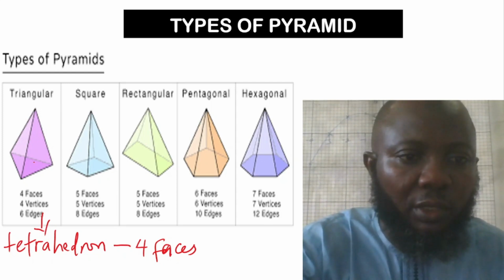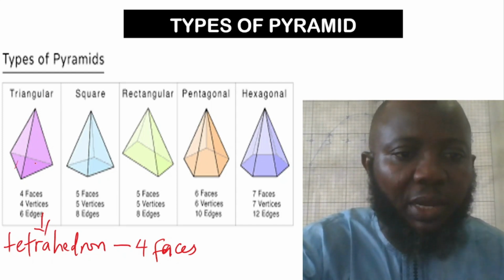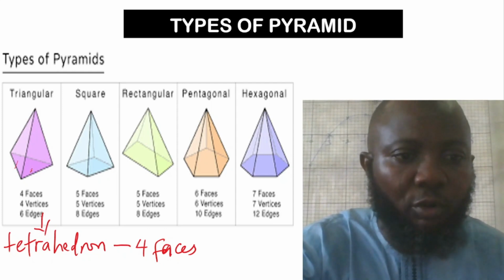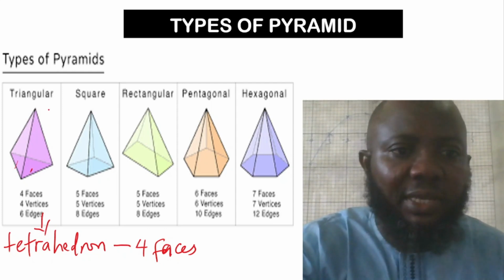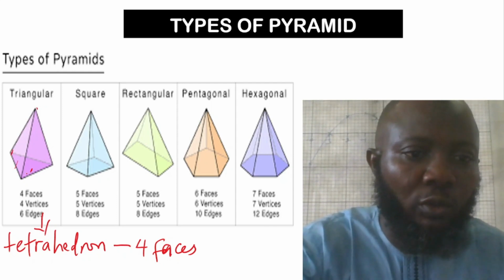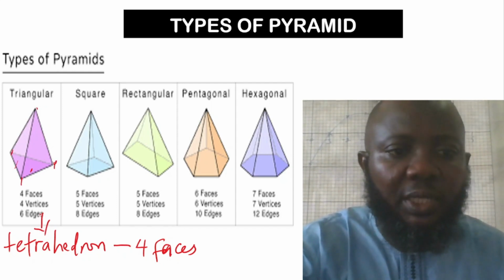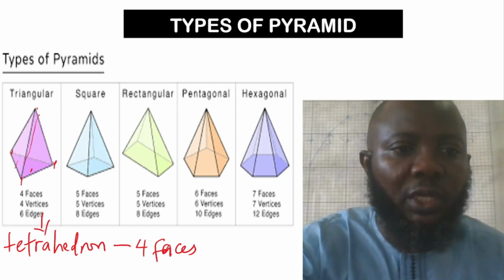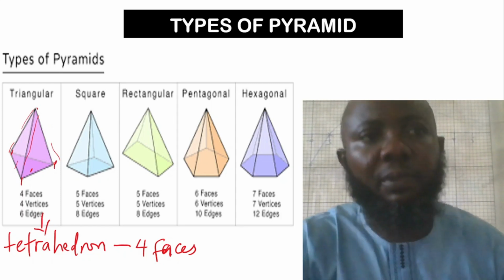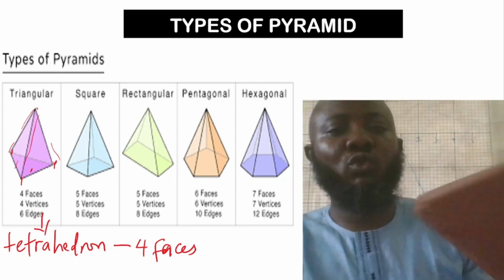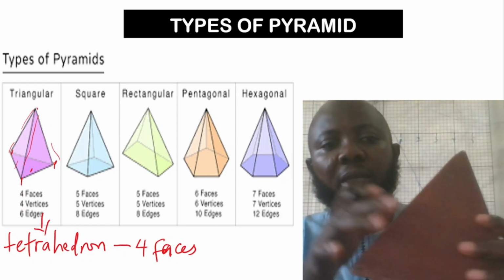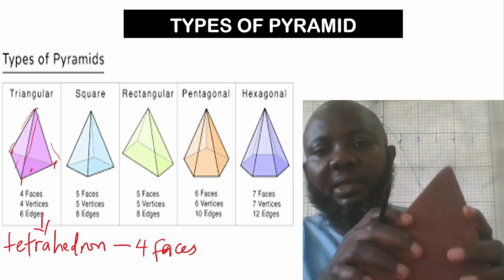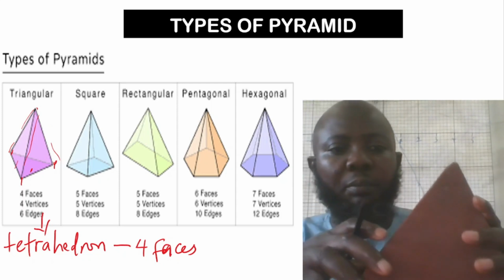This is one here, this is one beside, and the one at the back making three, then the one at the bottom making four. Then vertices: one, two, three, four. Then edges: one here, one here, one here, that is three, then three at the bottom making six edges. The square pyramid and rectangular pyramid have the same properties.